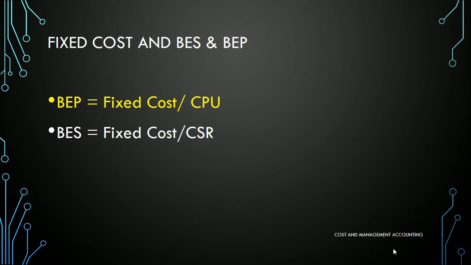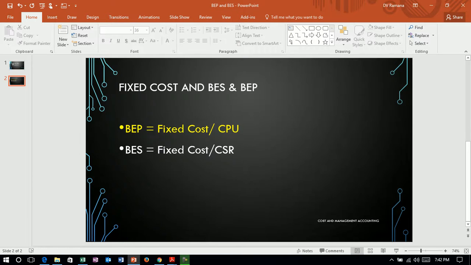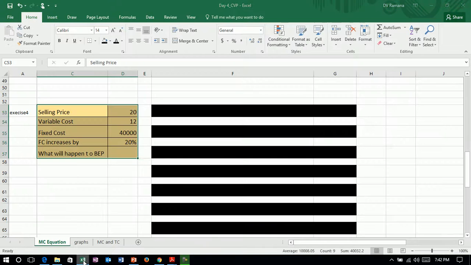If the fixed cost goes up, or a company has a high fixed cost, they have to produce and sell more units to break even. So let us see a small numerical around this.